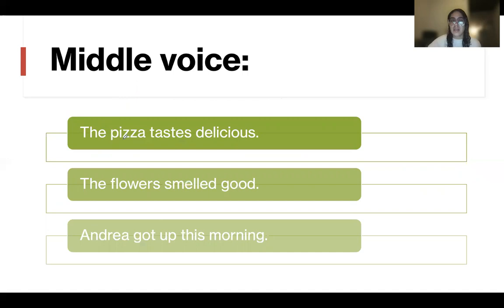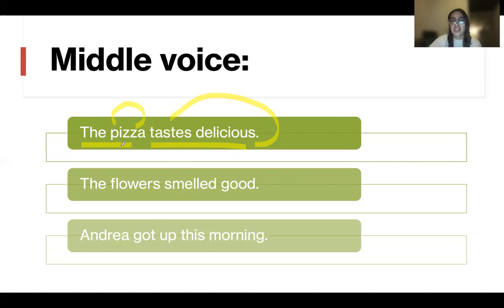That is, the active voice because we have a doer of the action here, but at the same time it is reflexive. We don't have a receiver, but the receiver is the same as the doer at the same time.